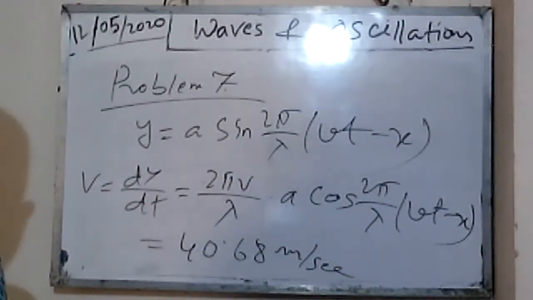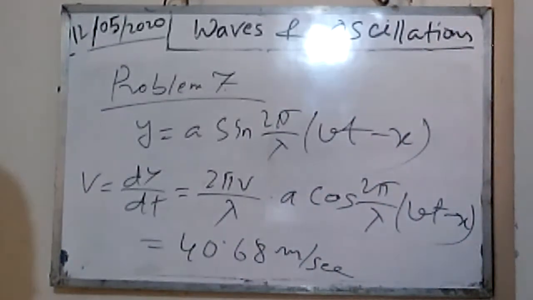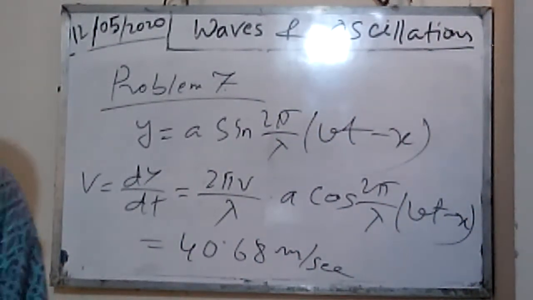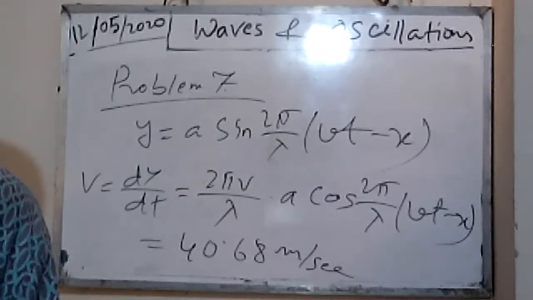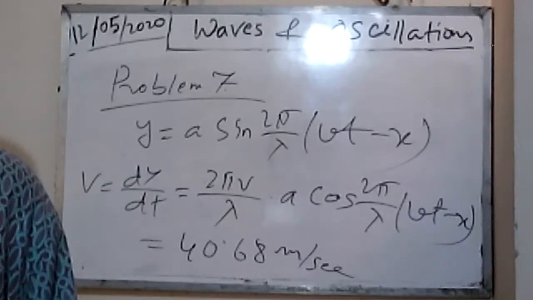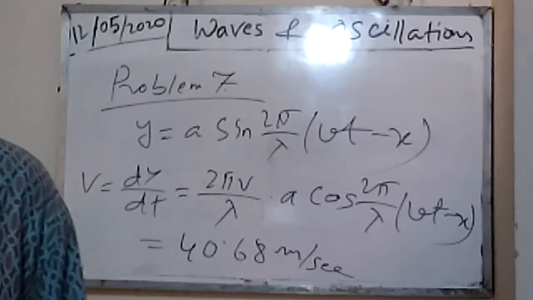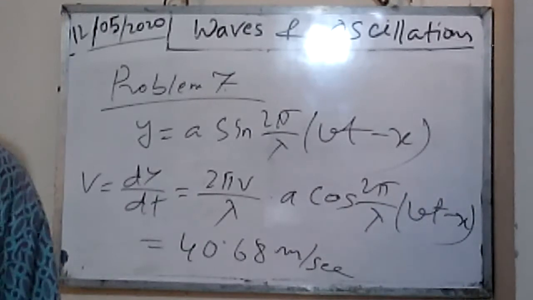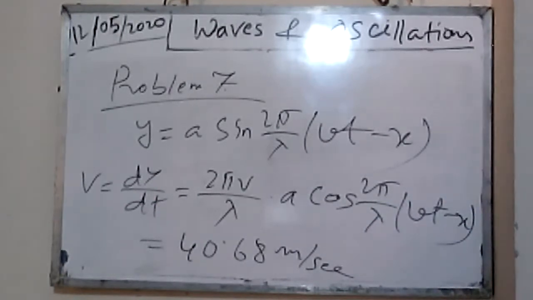Now we will discuss architectural acoustics. Acoustics means sound science. The most important factor contributing to the acoustic badness of a building is excessive reverberation.